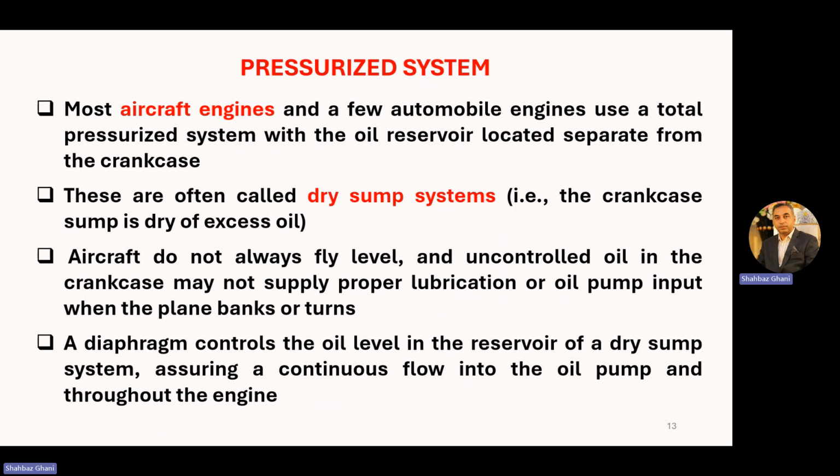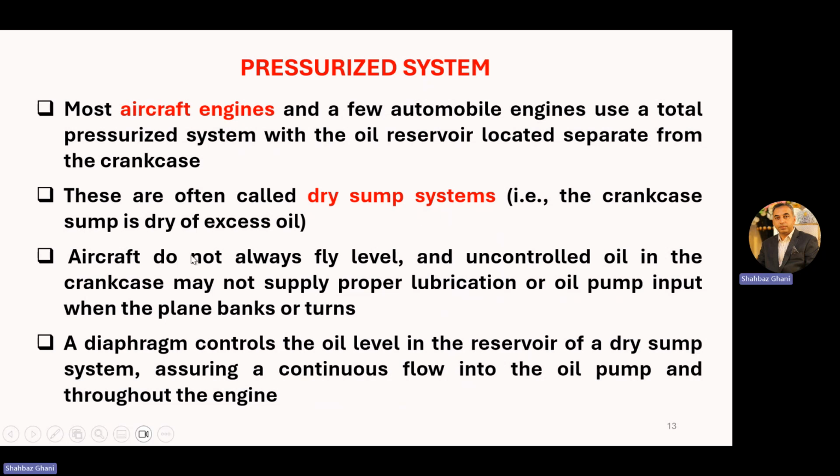Wet sumps are those in which you have a huge quantity of oil in the crankcase or the reservoir. Dry sumps are those engines in which you do not have a huge crankcase in which you store the oil, because you use a separate oil reservoir or separate location to store the oil. So these are engines that do not have the oil in the crankcase. These are called dry sump systems, and wet sump systems are those in which you have the oil in the crankcase.